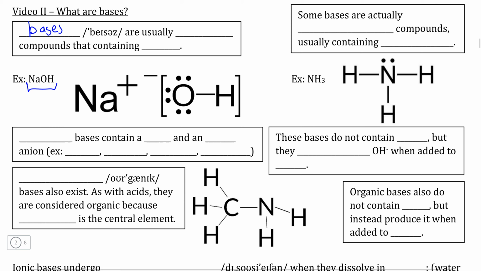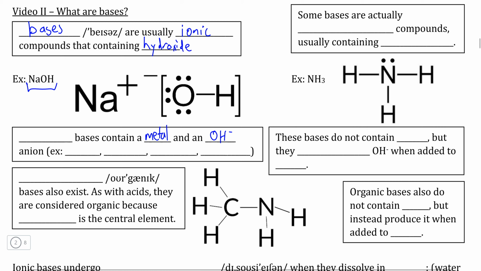Now, unlike acids, which are almost exclusively covalent compounds, we can see that sodium hydroxide is clearly an ionic compound containing a metal ion and an OH- ion, which is the polyatomic ion hydroxide.